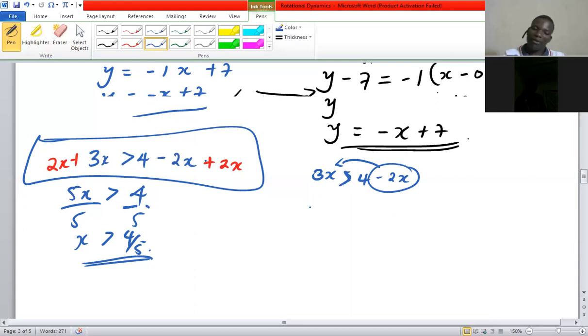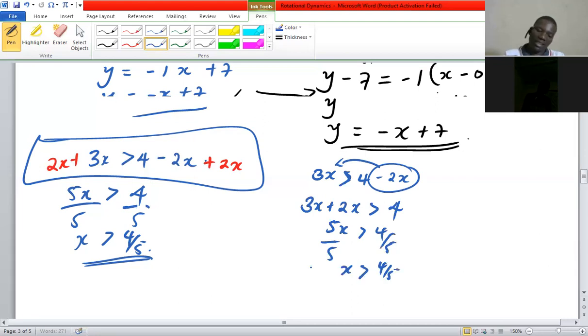So we have 3x plus 2x greater than 4, 5x greater than 4, divide by 5, so x is greater than 4 over 5. So it's the same, you see? Yeah, I see.